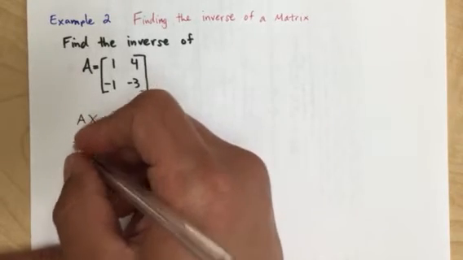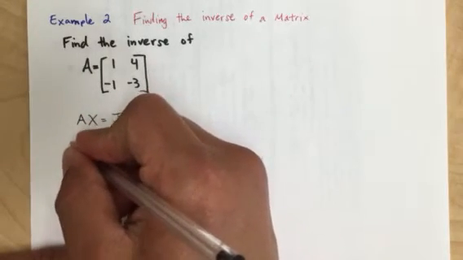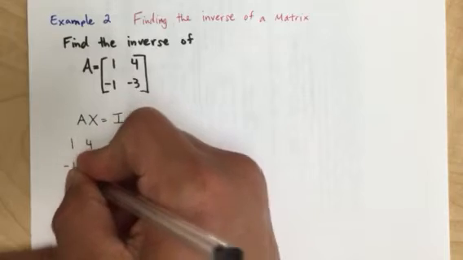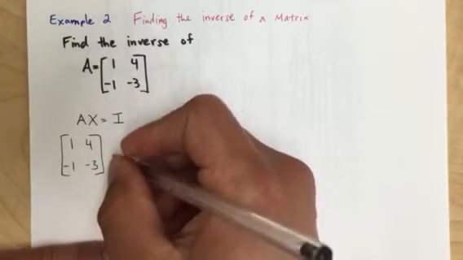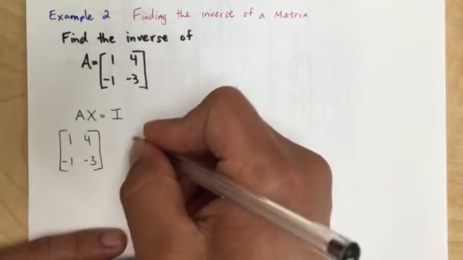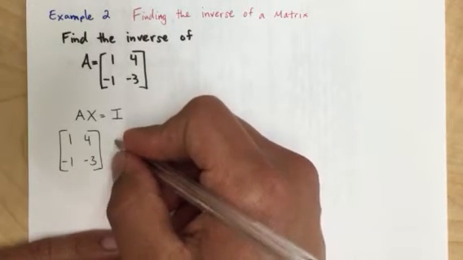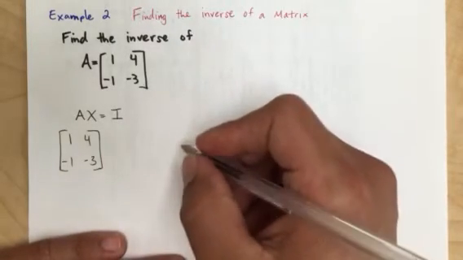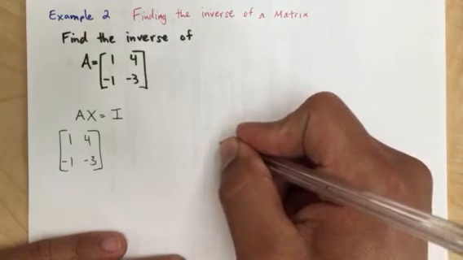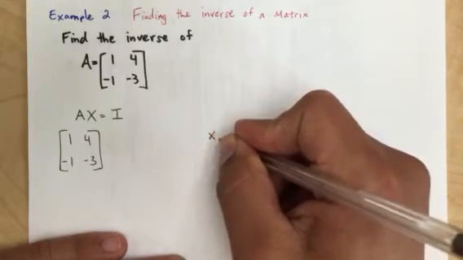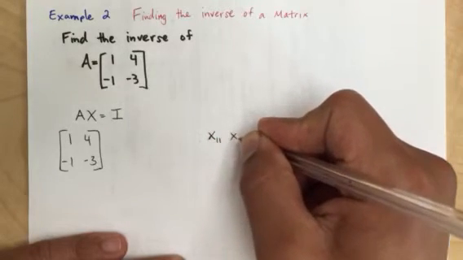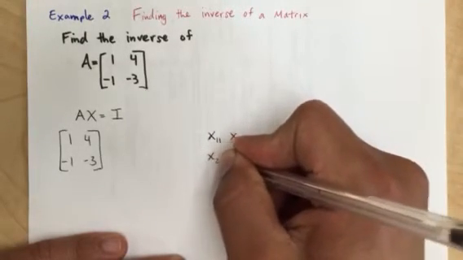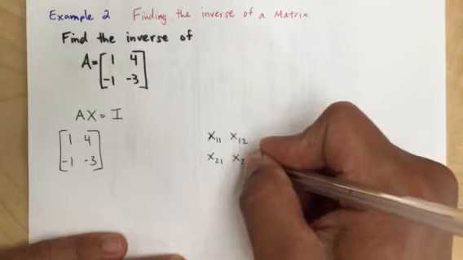So what we're going to do here is take A and multiply it times some matrix, and we don't know what it is now, so we're just going to call it X. Now I know that we were using X sub 1 1, X sub 1 2, X sub 2 1, X sub 2 2.